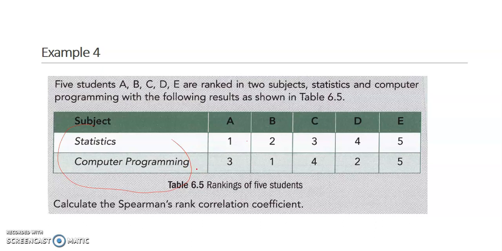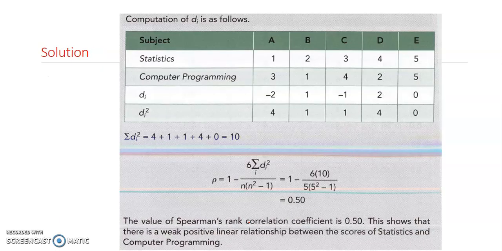So to find the correlation coefficient, you must use the Spearman's rank. Okay, untuk this question memang tak boleh untuk guna Pearson's product moment formula. Okay, so to use Spearman's rank correlation coefficient, this is the formula.